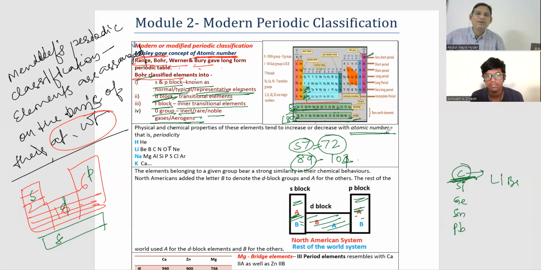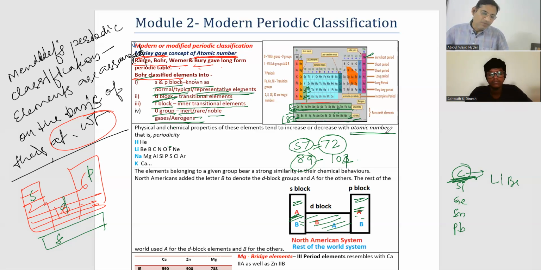Mendeleev was the first one who classified elements on the basis of some fundamental property, that was atomic weight. And second was the modern modified periodic classification, which was given by Moseley. This classification also was based on a fundamental, scientific property, and was even more modern than Mendeleev's periodic classification too.